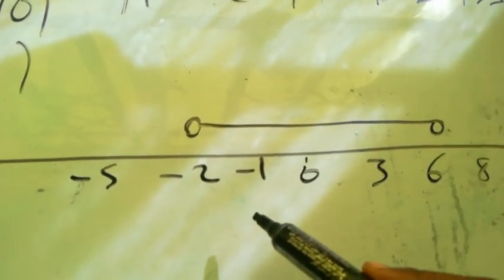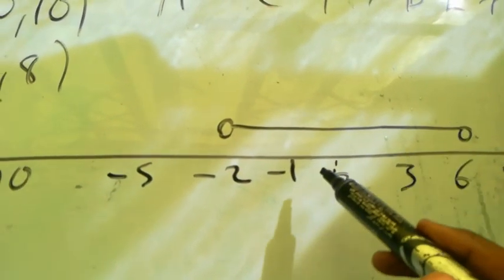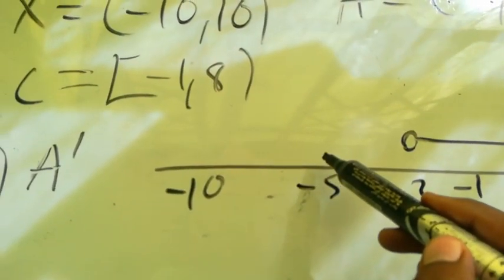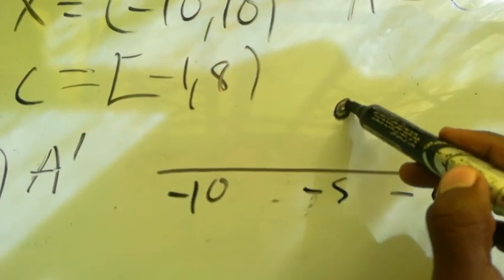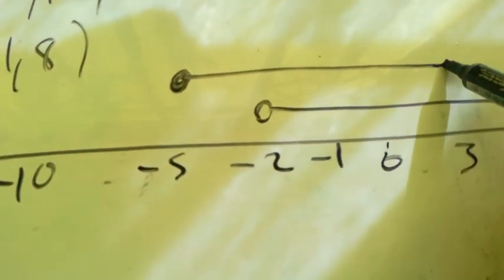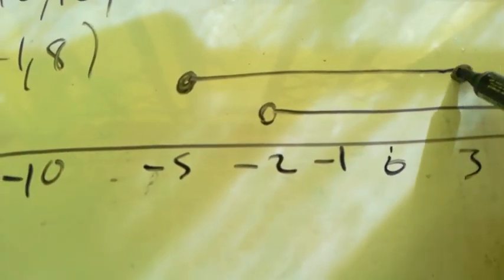And B will range from -5 to 3. So we have -5 here, which is part of the set, so we're going to have a closed circle, and it goes on to +3, which is also part of the set.